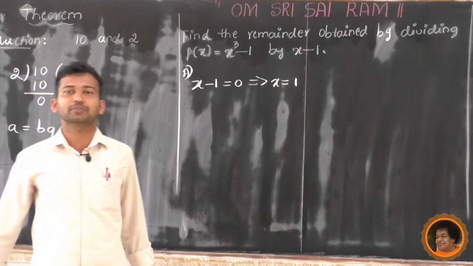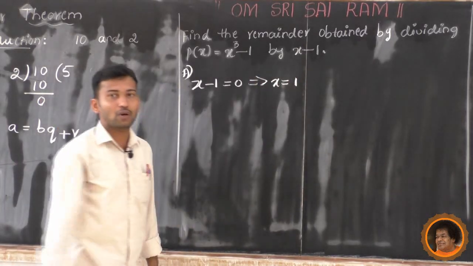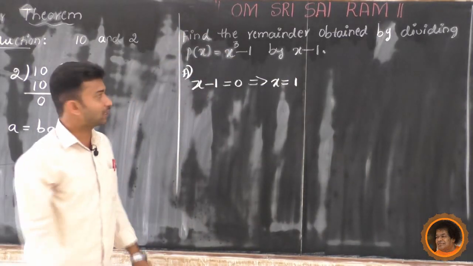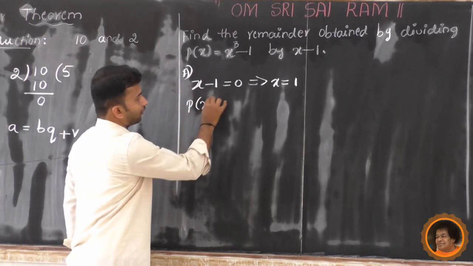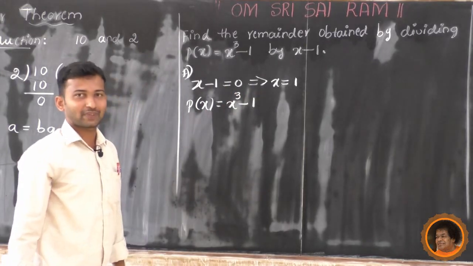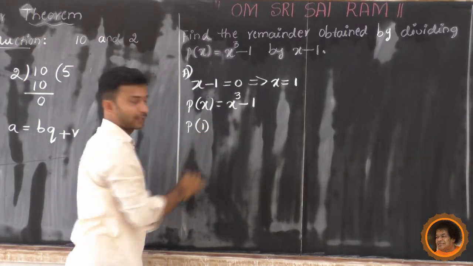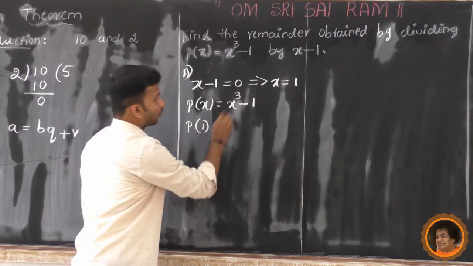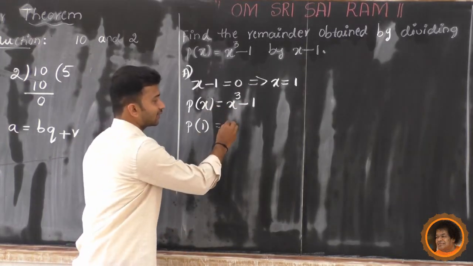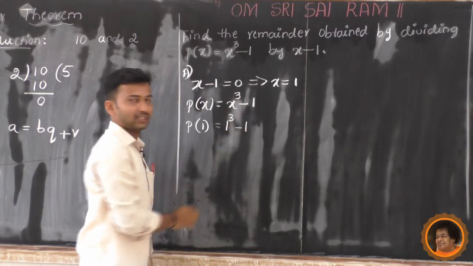What is the second step? We need to substitute the value of x in the polynomial. What is the polynomial here? P of x is equal to x cube minus 1. Now, what is x? X is 1. Substitute in the expression, x is equal to 1, 1 power 3, 1 cube minus 1.